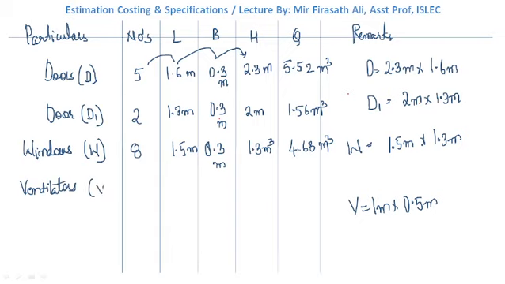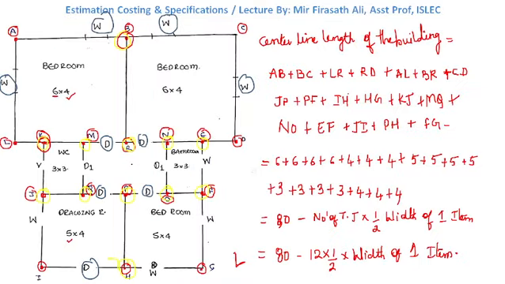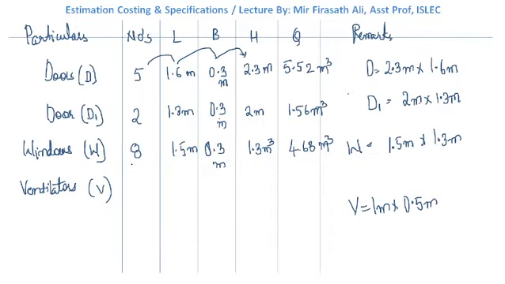The last is the deduction for ventilators. We denote it with letter V. How many ventilators are there in our plan? There is only one ventilator. The length is 1 meter, wall thickness is 0.3 meters, and the height of the ventilator is 0.5 meters.